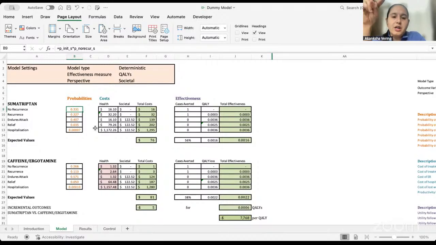So maybe you can do a one-way sensitivity analysis to see how the result would vary using the two sources. Or maybe you just want to change your input 20% up and down to see the uncertainty around your input. You can see how much it will vary your final outcome.